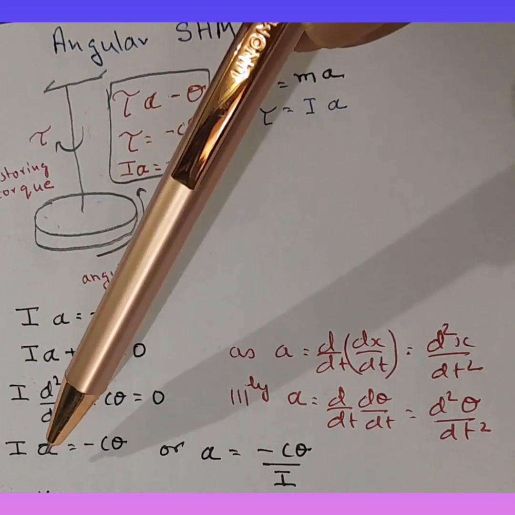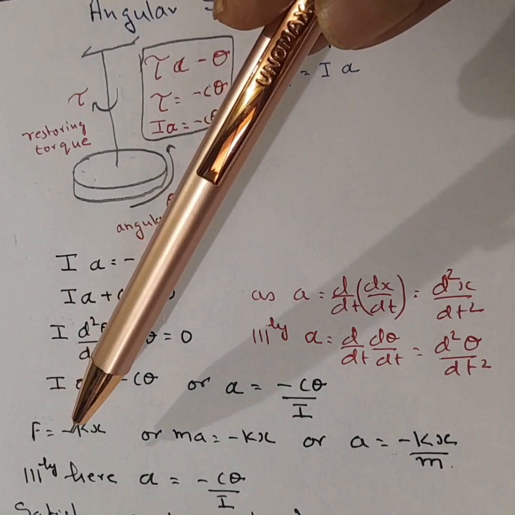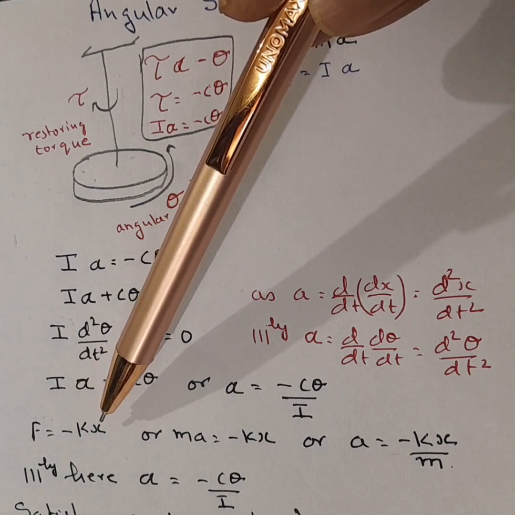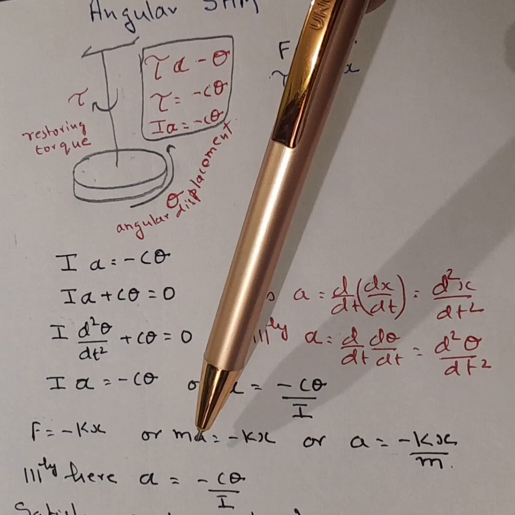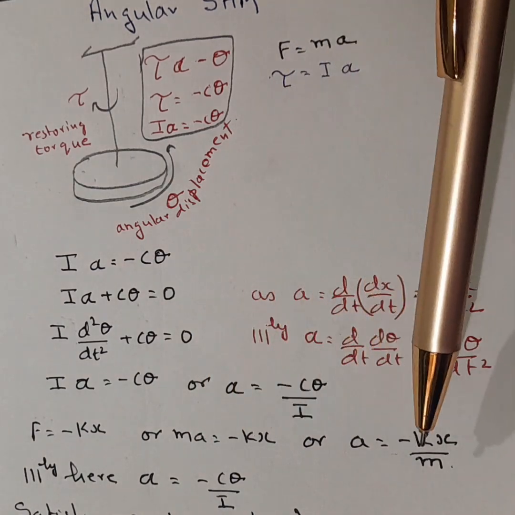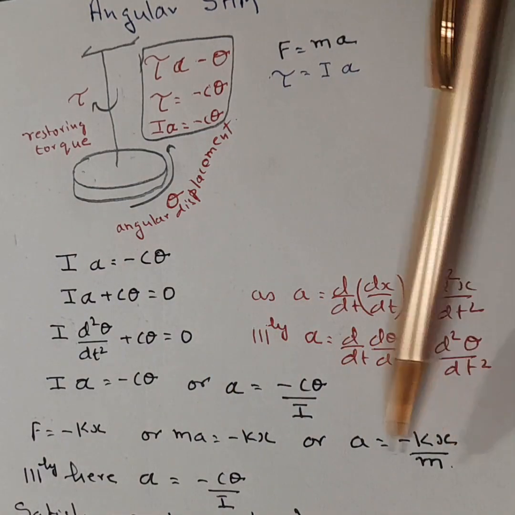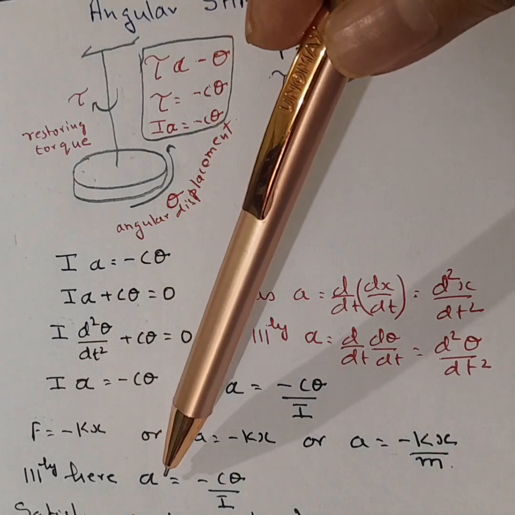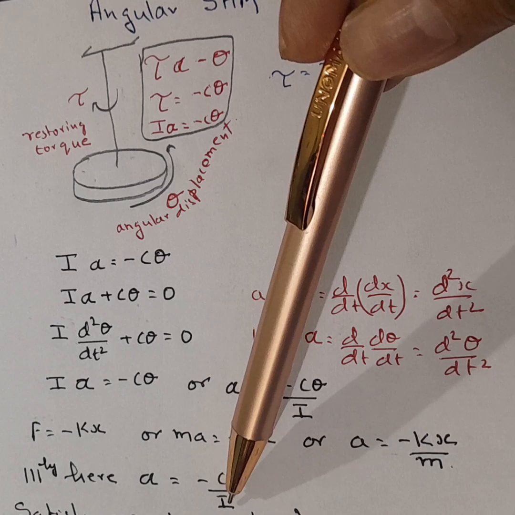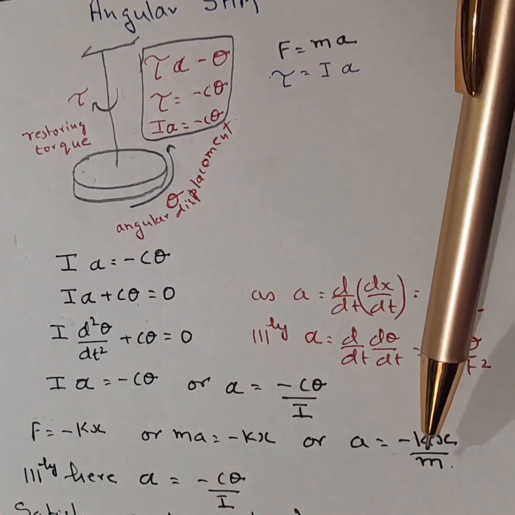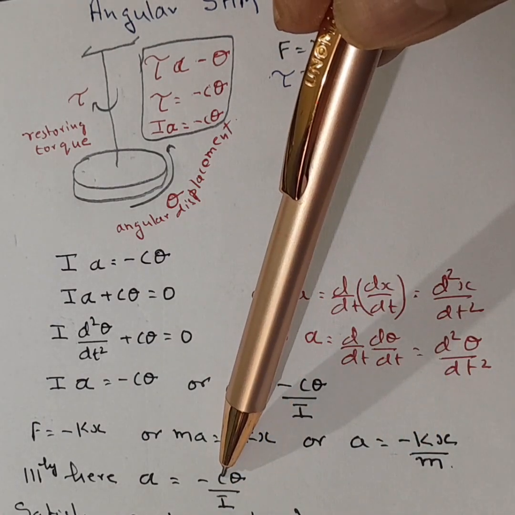Now see, earlier we had seen F is equal to minus kx. Now F is ma, so ma is equal to minus kx, so a is equal to minus kx over m. Similarly, here also alpha is equal to minus c theta over I. Instead of m, we have got here I. Instead of k, we have got here c, the proportionality constant.